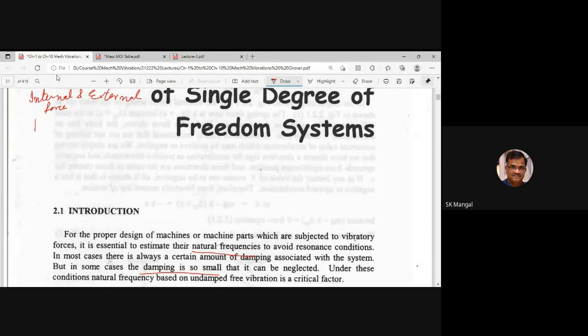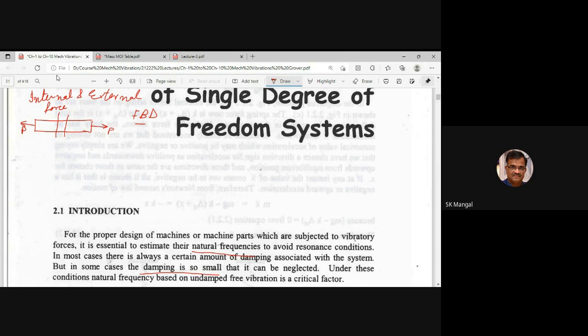Suppose you have a prismatic bar subjected to some axial force P. If I take a small segment here and want to draw the free body diagram, I'll explain what a free body diagram is. A free body diagram is the diagram where you put all external and internal forces.